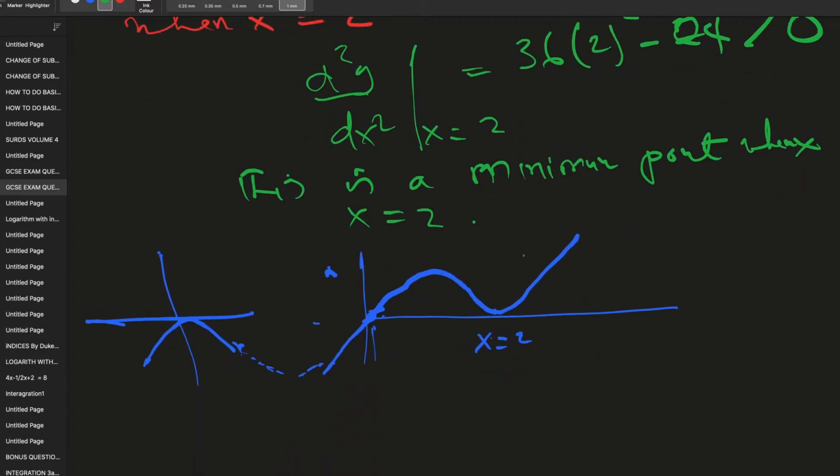So if we want to do a proper sketch, our sketch will be roughly like this, let me plot it very well.